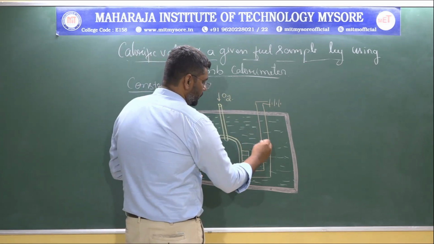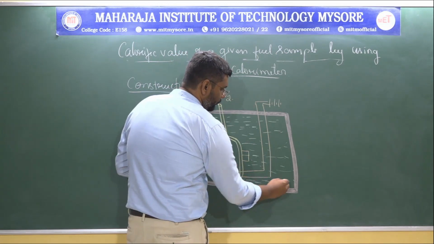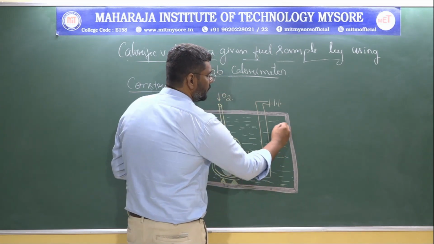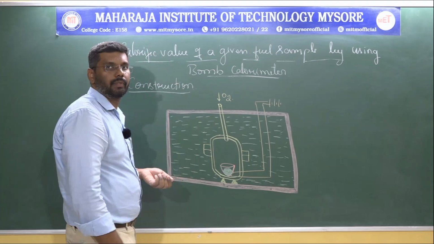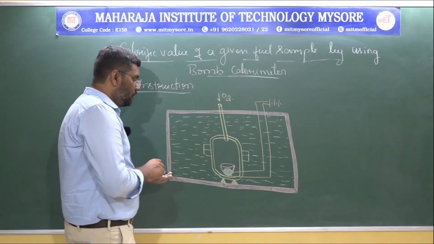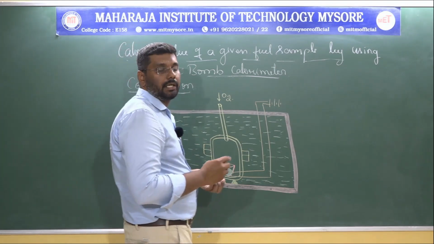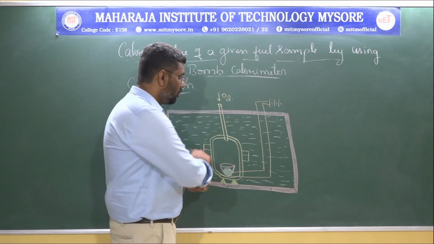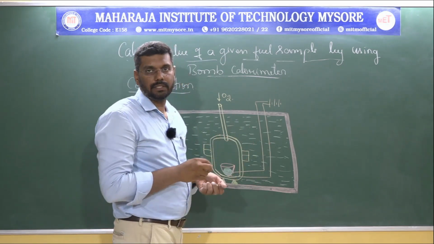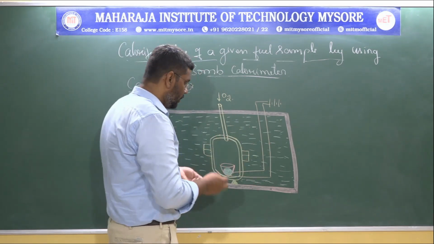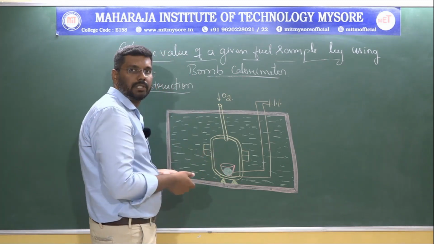The heat released by the ignition of that fuel has to be absorbed by this water body. Once the heat is liberated, it has to be distributed throughout the water body; not just a part of the water has to be heated.